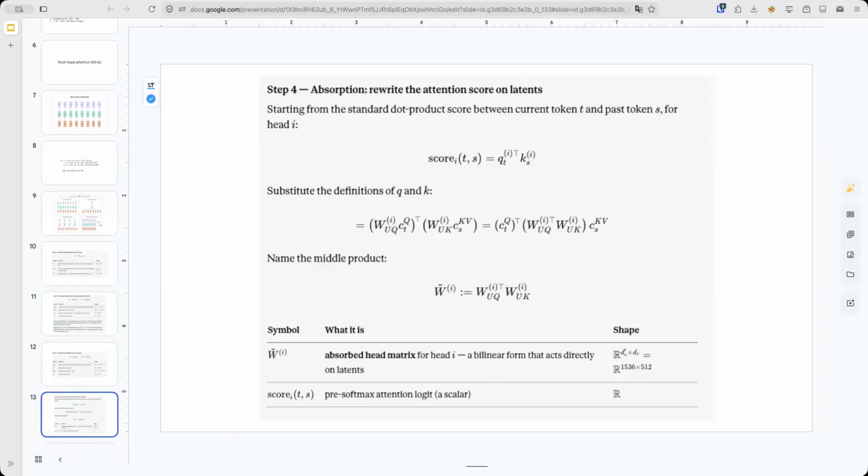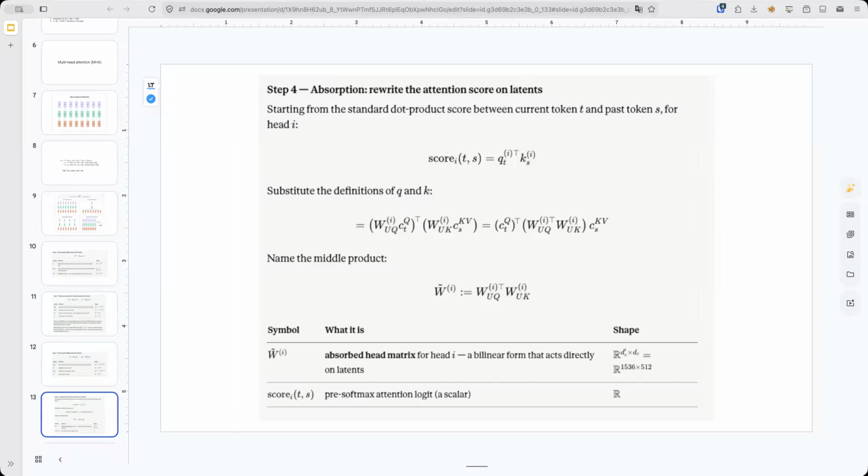And then finally, there's a nice trick about transposing and combining matrices together. When we calculate the score, we have queries and keys, right?